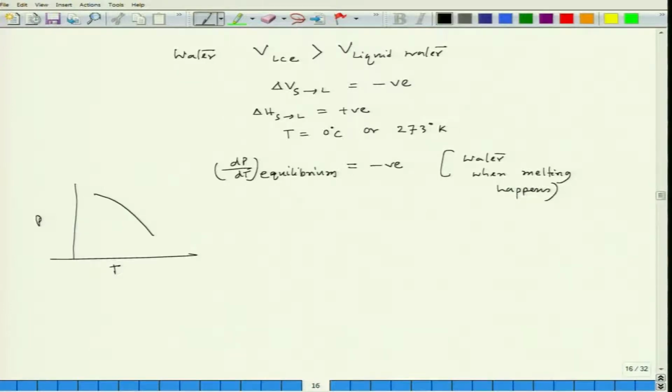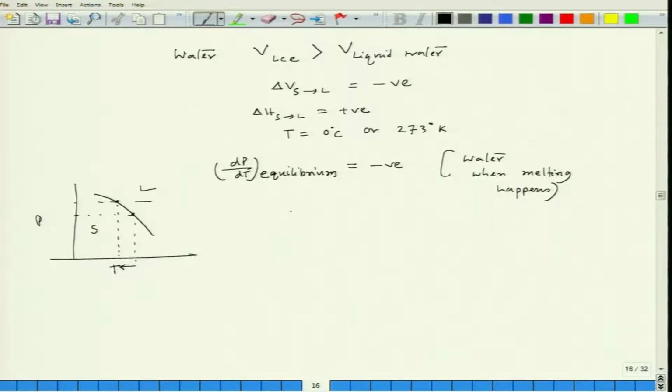If this line indicates the equilibrium line, and I am here, then if I change the pressure to higher pressure, I have to change the transformation point. This is solid, this is liquid. The transformation point shifts to the left. That means the temperature gets lowered.